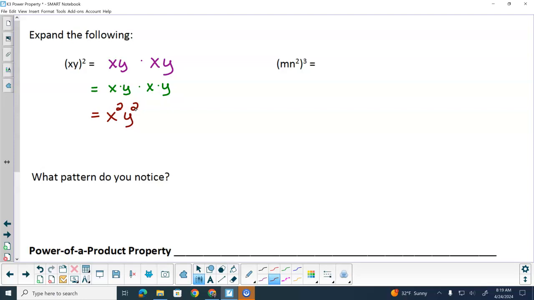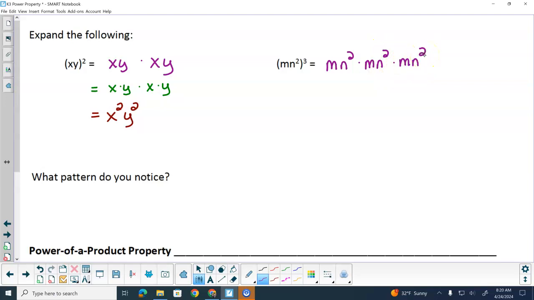Okay. Will, n squared then q? What's my base? How many times am I going to multiply it by itself? The base is mn squared. And then we're going to multiply it 3 times you said, right?